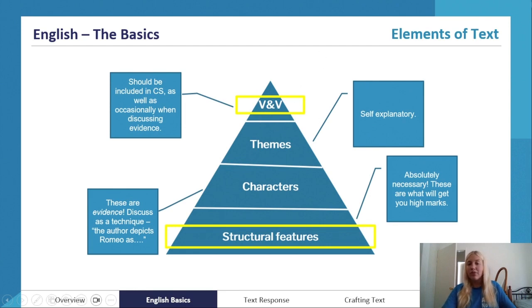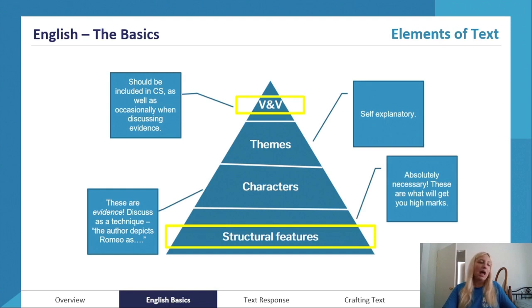So be really confident in your interpretations and use extra resources if you need to get more ideas about views and values. Remember that I mentioned it's not enough just to include views and values messages, authorial intent messages, in your concluding sentences for each paragraph. They need to be there as well. But occasionally do this as well when you discuss evidence.